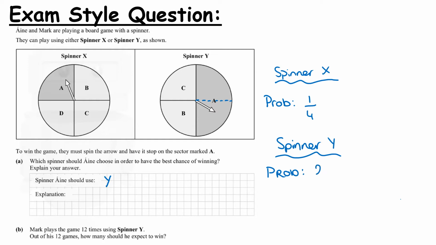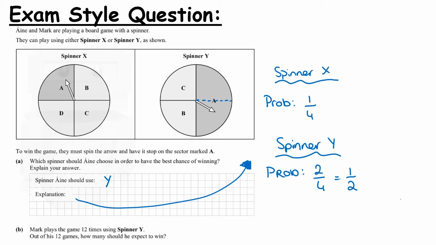So actually, it's a 2 in 4 chance or a 1 in 2 chance. Remember, I keep telling you, probability is the same as a fraction. So it's the same question as what fraction of the circle is A? So it's a quarter and a half. So this is my explanation here. You have a better chance of winning with spinner Y.